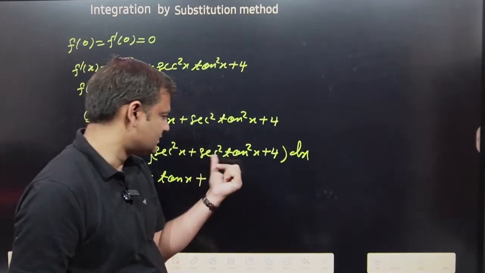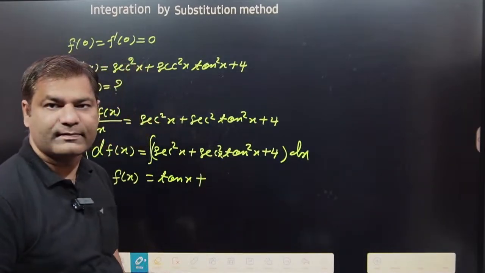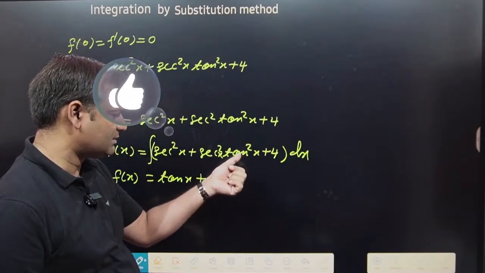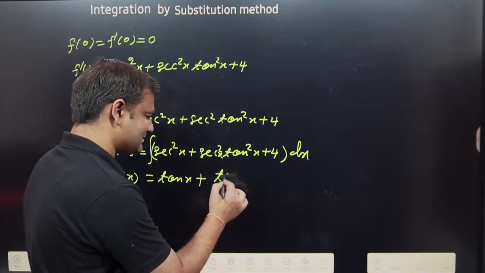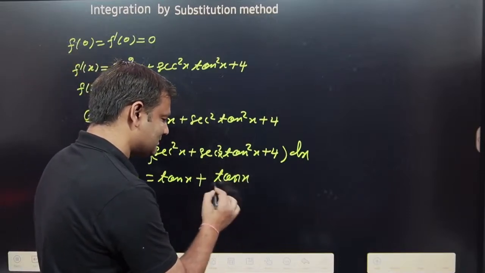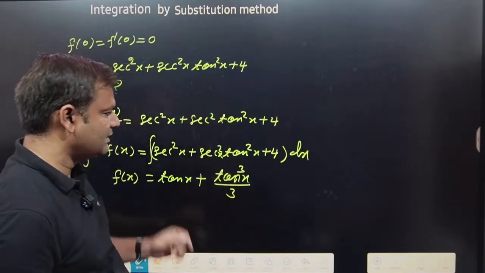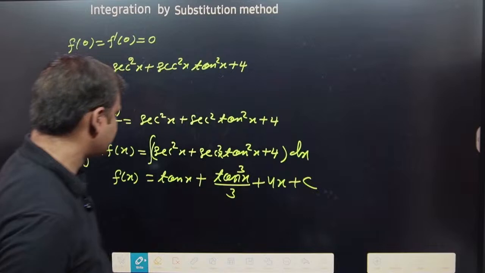If tan x is t, then sec square x dx is dt. So the integration of t square is t cube by 3, meaning tan x whole cube by 3, plus 4x, plus c.